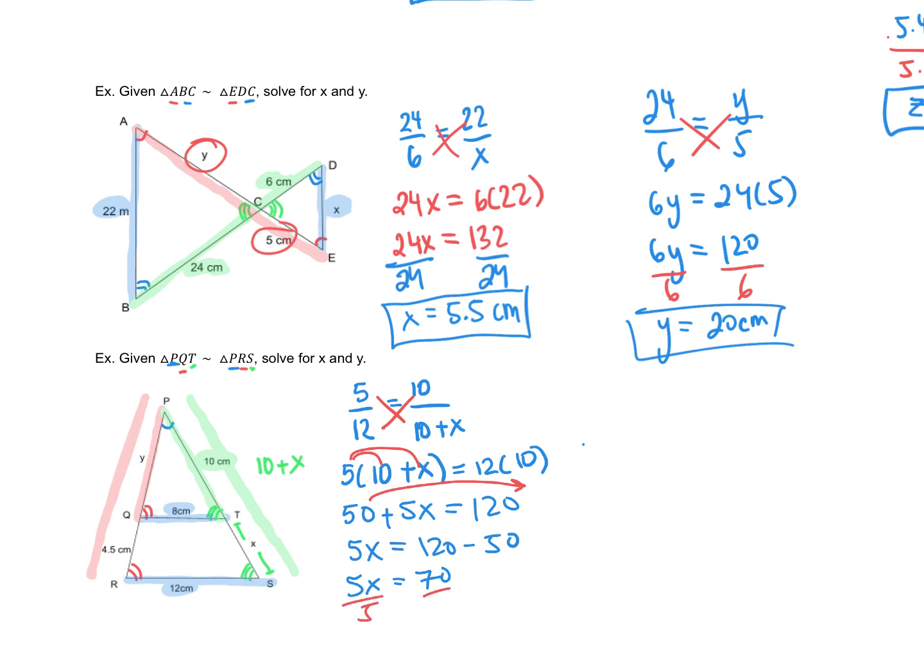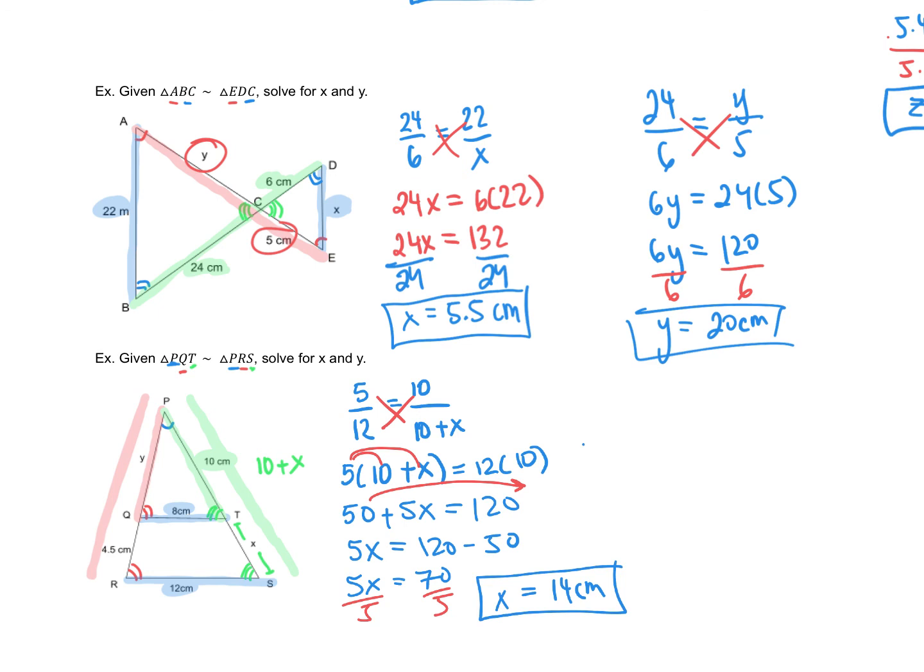And then when I divide both sides by 5, I get X equals 14 centimeters. And that makes sense. Now this isn't very proportional, but that's okay.